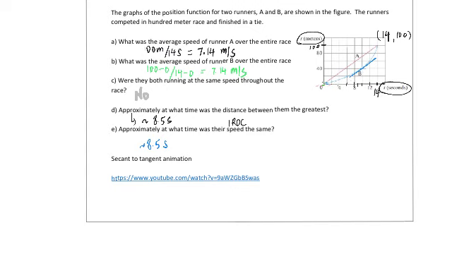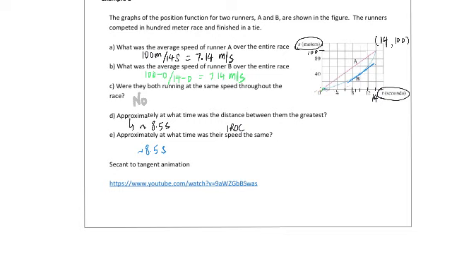Let's see if we can watch this animation that shows us how the secant line becomes the tangent line as we bring the two points of the secant line closer and closer together. I have a little secant to tangent animation that you can watch. I recommend that you just go to YouTube at this link and watch this video.